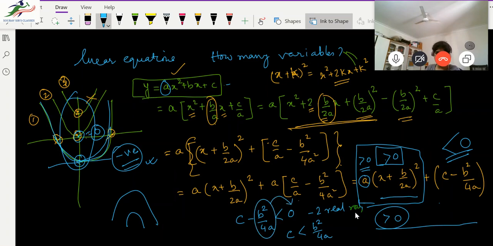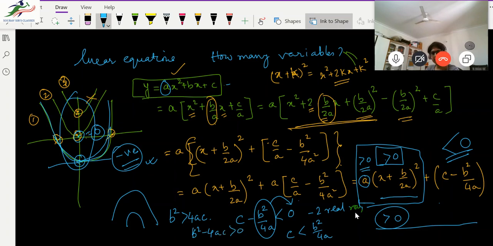C is less than b square by 4a. So that means b square is greater than 4ac, right? Or b square minus 4ac is greater than 0.